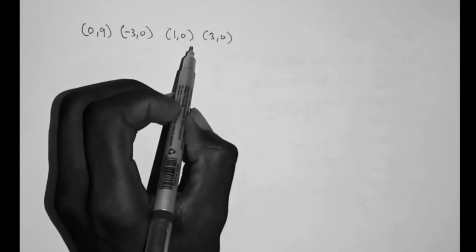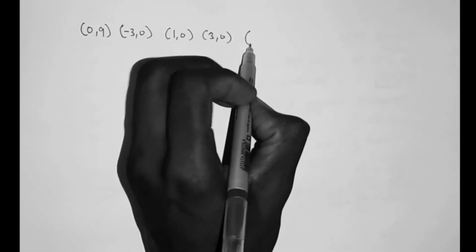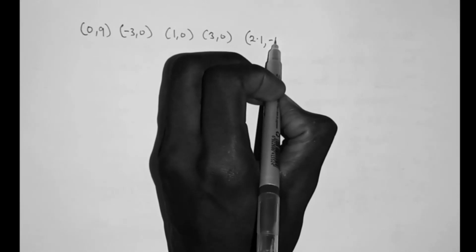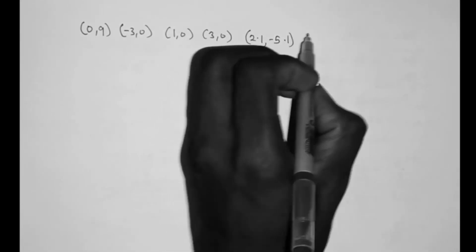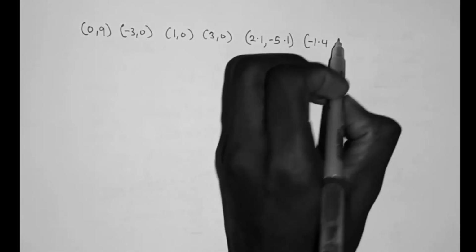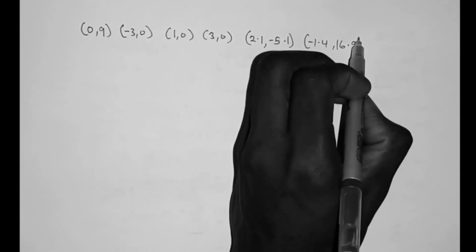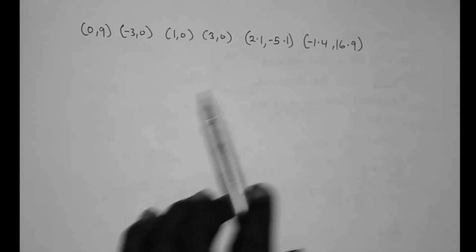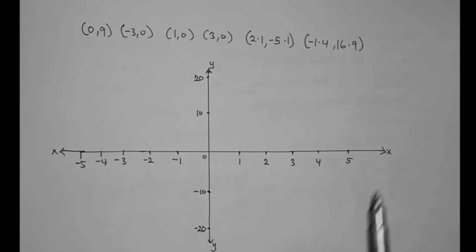Then for the turning points, we have 2.1 and minus 5.1. Then the second turning point is minus 1.4 and then 16.9. So having found these points, let's go ahead and sketch the graph. So this is the Cartesian plane of our graph.